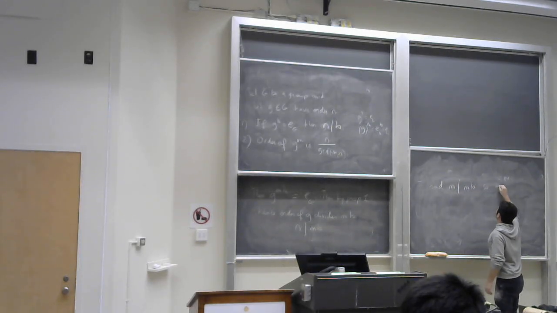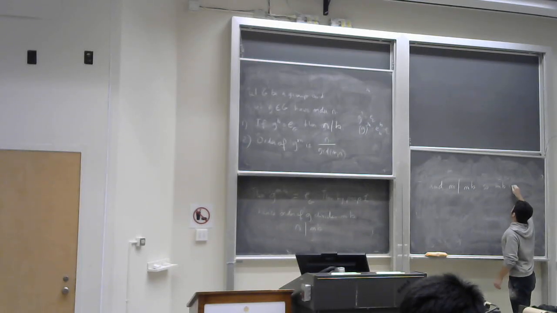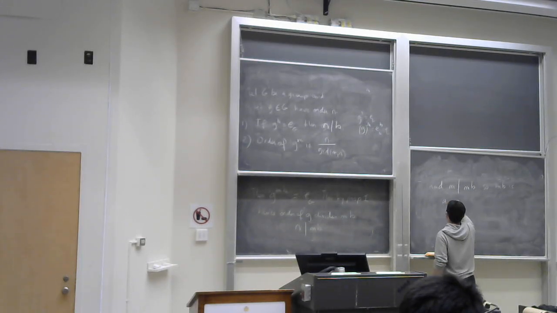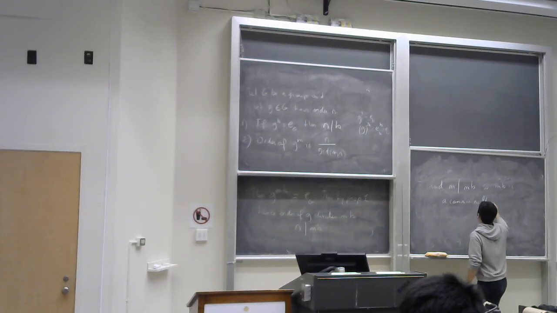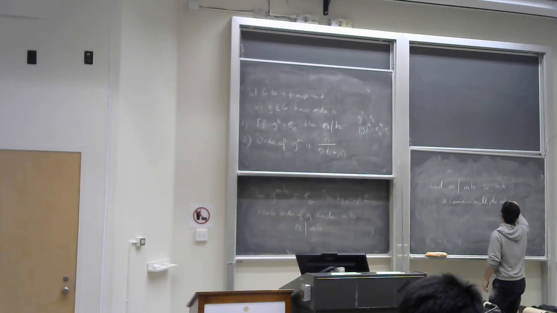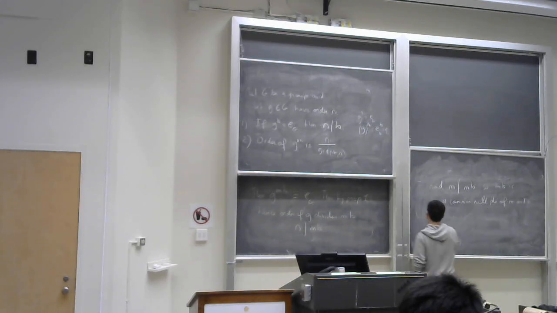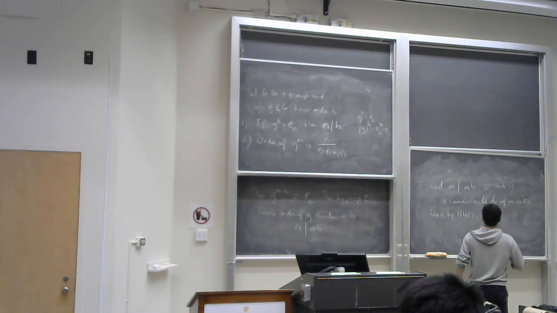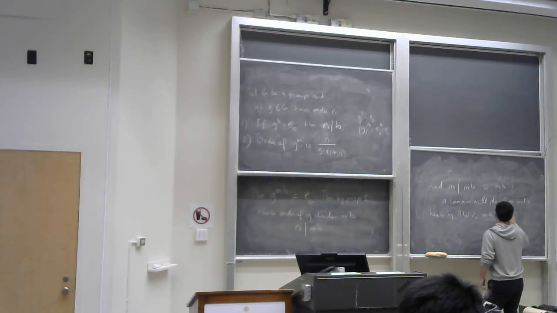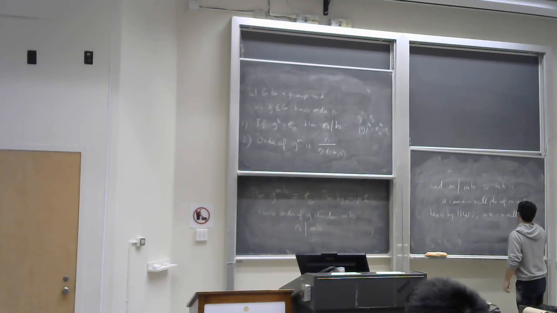So mk is a common multiple of m and n. Hence, by homework 2, mk is a multiple of the LCM of m and n.